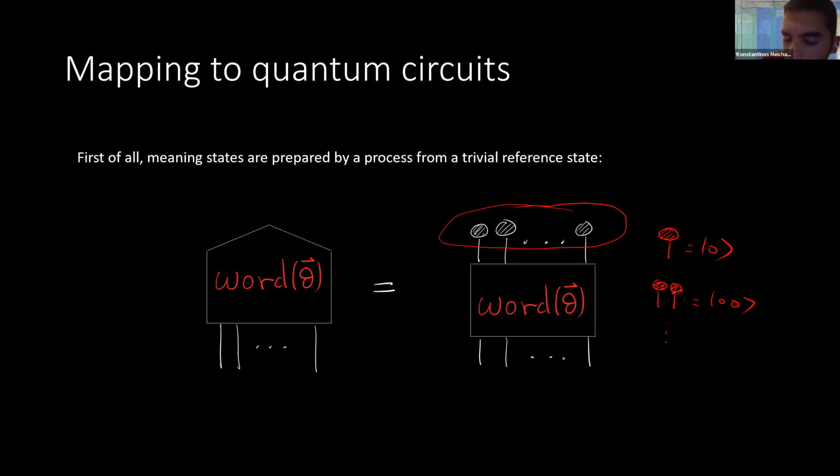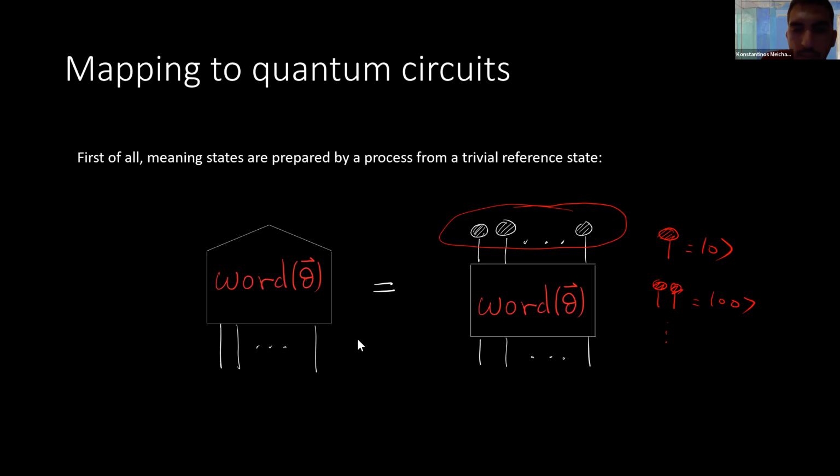And if a word has ambiguity, so for example, a sentence can have ambiguous parsings. It can have one or the other parsing, and it would be grammatical in either case. So that means that there is not only one way to put cups or these maximally entangled effects on words, on triangles basically, so that only the S type remains. It can be ambiguous.